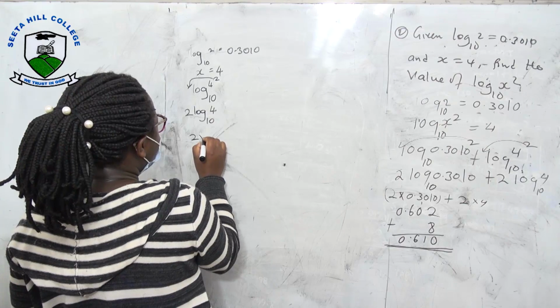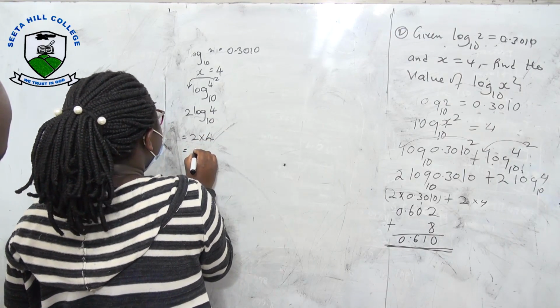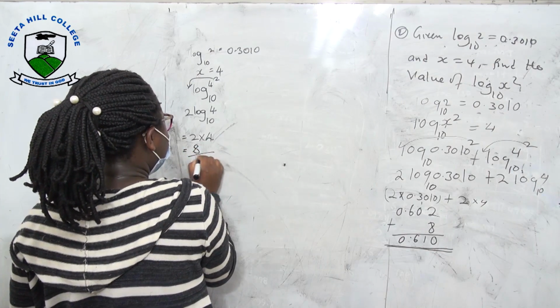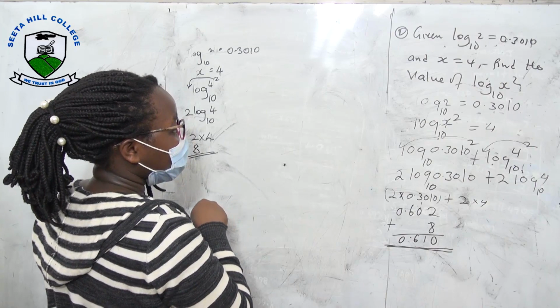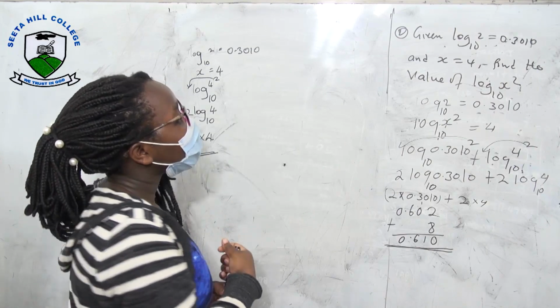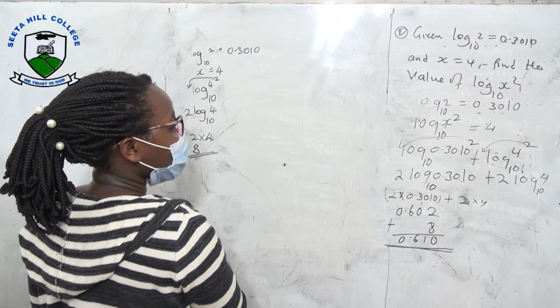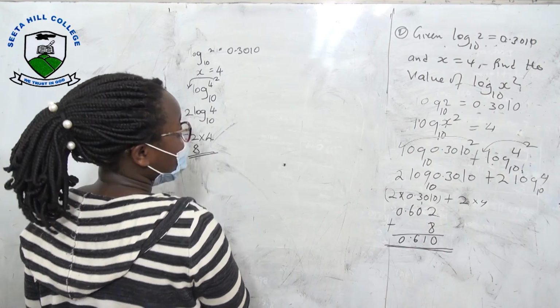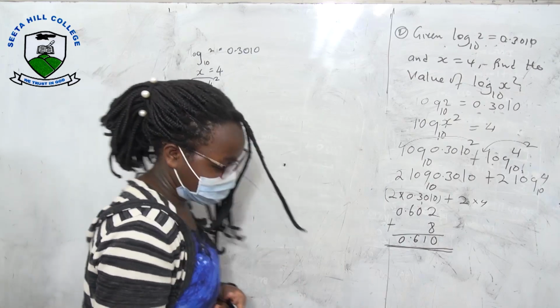So 2 times 4, it will give us 8. Teacher, I think you can continue from there.